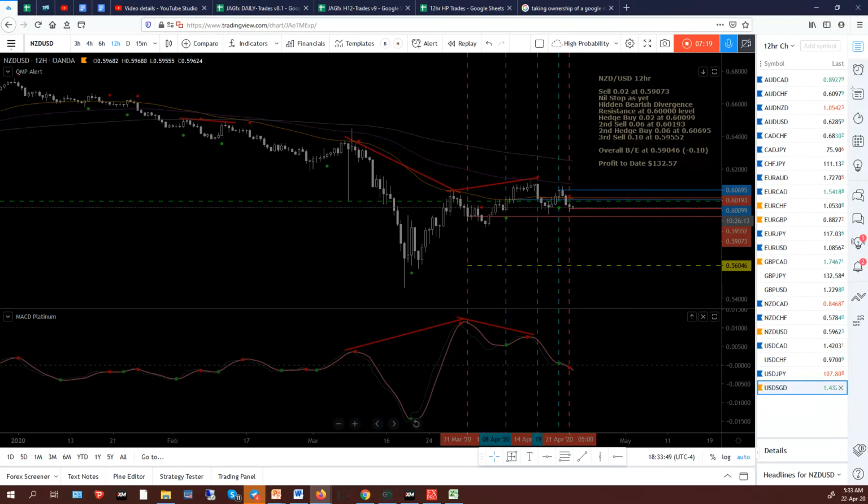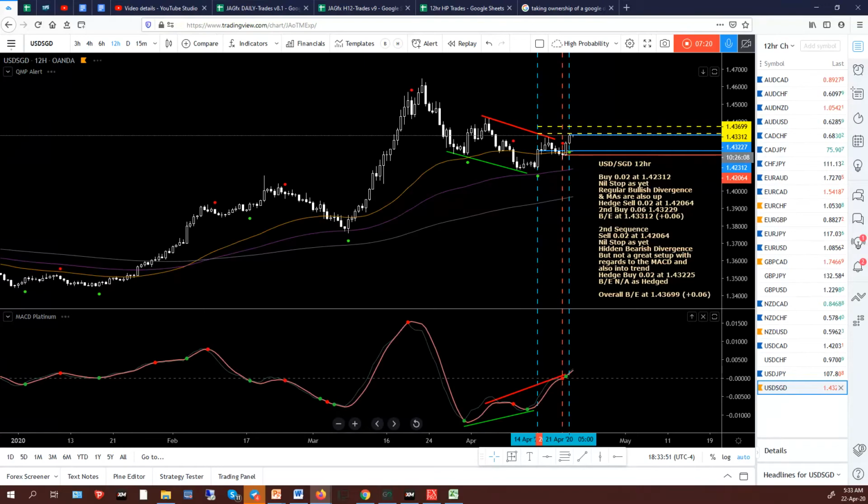Now, the one I had to wait for was the USD Singapore dollar. What I've done, taken a buy in here. Original buy was here. Then we had this sell. Now, I called it as being above the zero level.